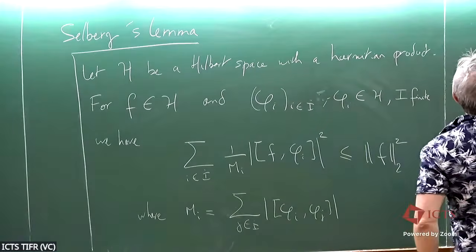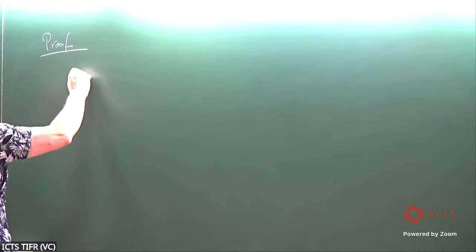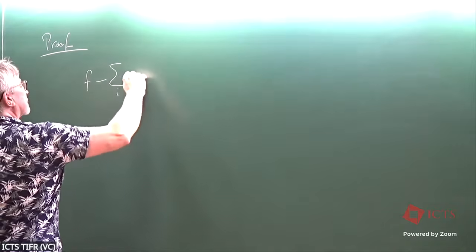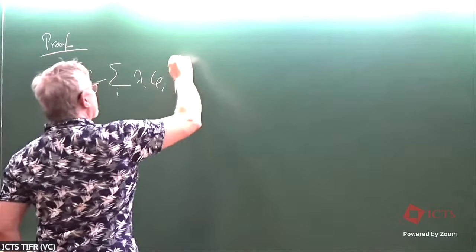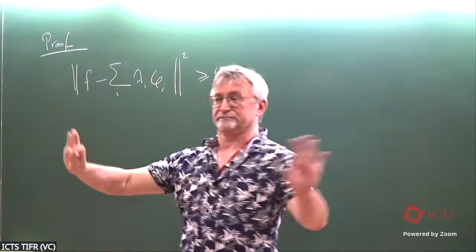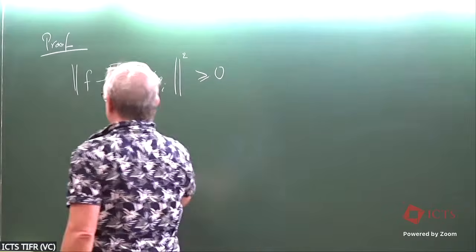Okay, proof. The proof is the proof of the Cauchy inequality. So you look at f minus the sum over i of lambda_i phi_i, look at the norm, and you say that it's non-negative. Nothing too difficult. And you expand this part.